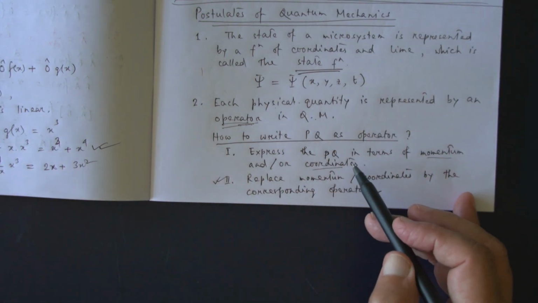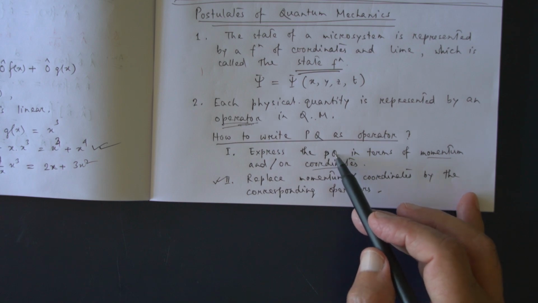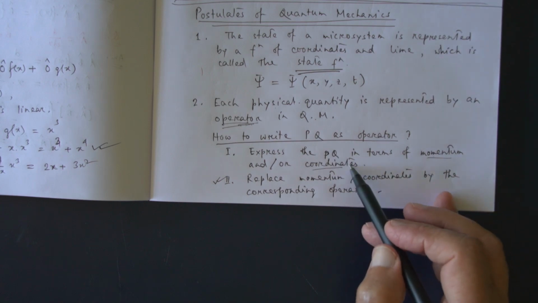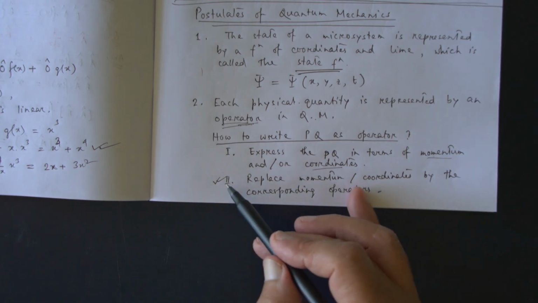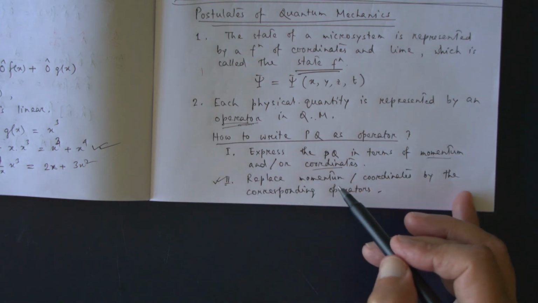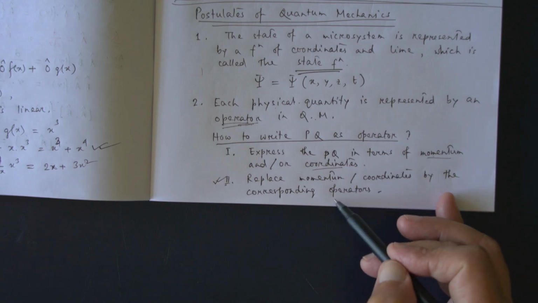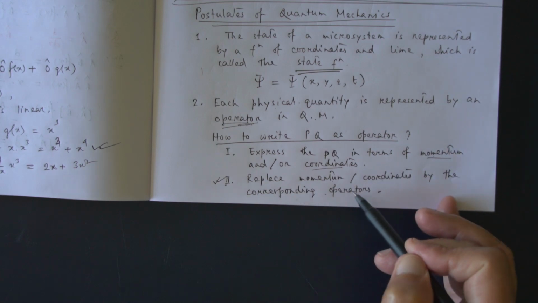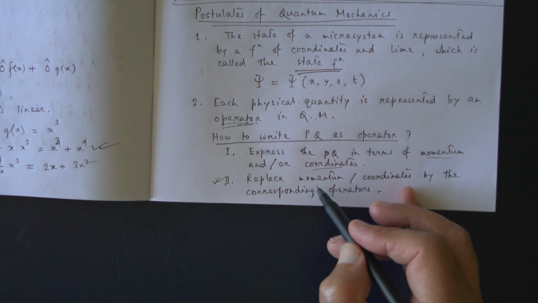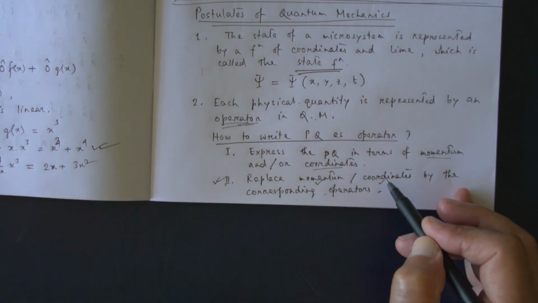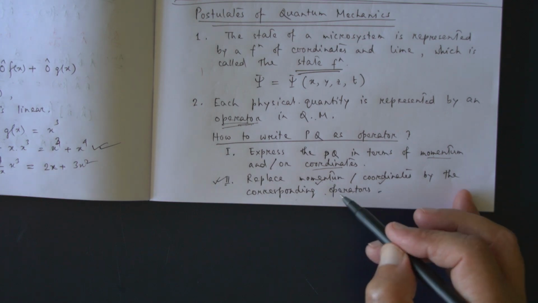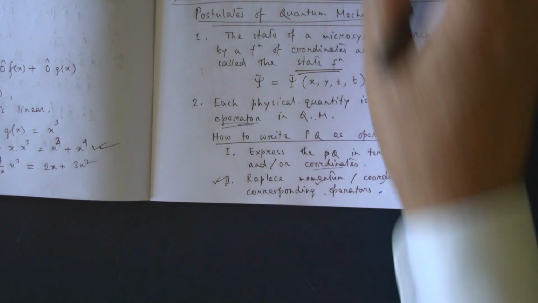The first is simple: express the physical quantity in terms of momentum and coordinates. Then the second step is to replace momentum and coordinates with the corresponding operators. Now, what are the operators for momentum and coordinates? Let us see that. First, the operator for coordinate.